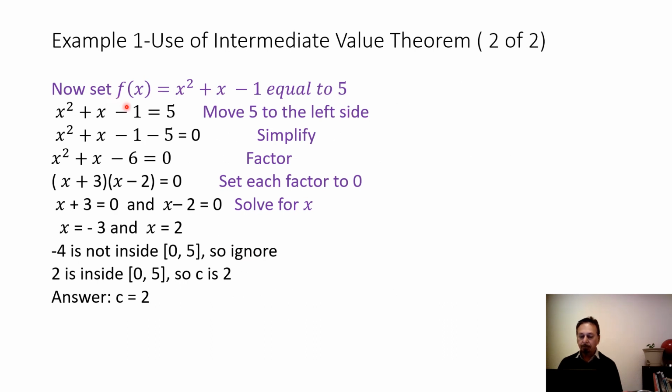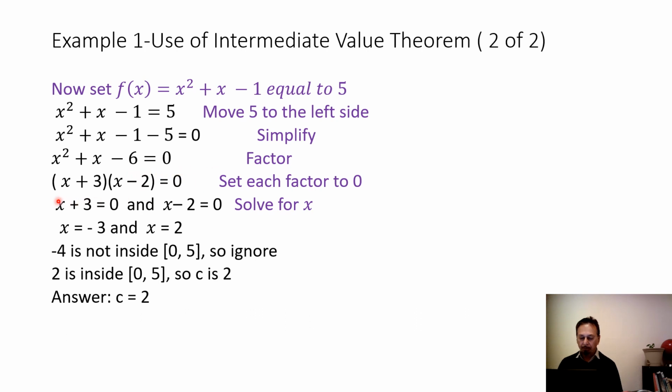So now we set f of x equal to x squared plus x minus 1 equal to 5. Now this looks like a quadratic equation, so we move 5 to the left side. It becomes x squared plus x minus 1 minus 5 equal to 0. Simplifying, x squared plus x minus 6 equal to 0.